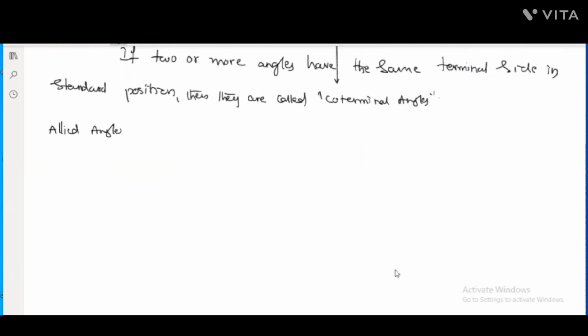Allied angles. So in the simplest way, how can we say this?